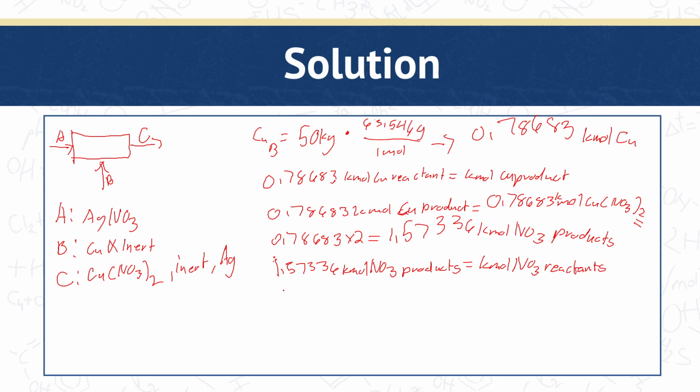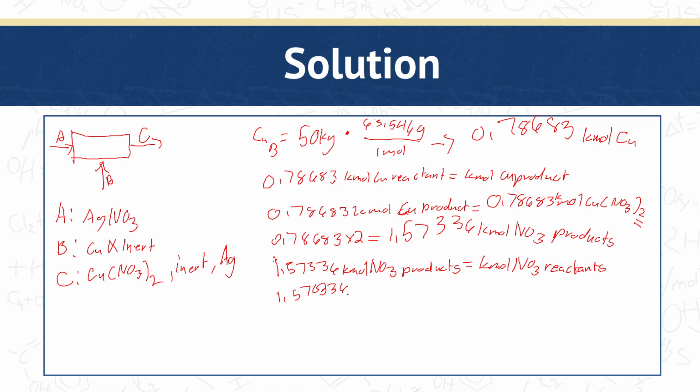And then from there, since you have that amount of kilomoles of nitrate in your reactants, we have 1.57336. We then have to relate that to our silver nitrate in the reactants. In this situation, we have only 1 mole of nitrate per mole of silver nitrate.